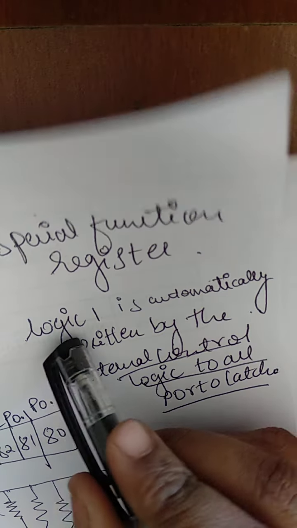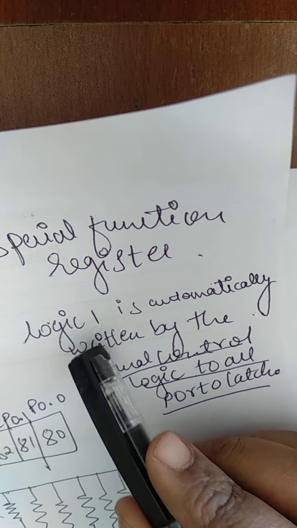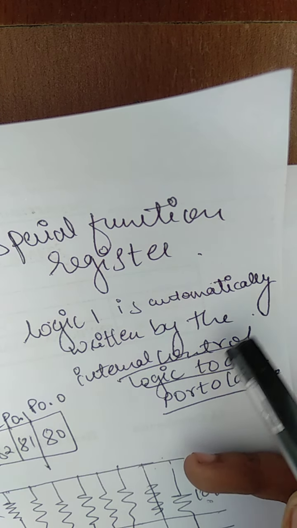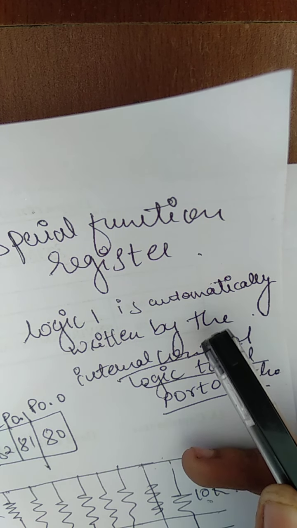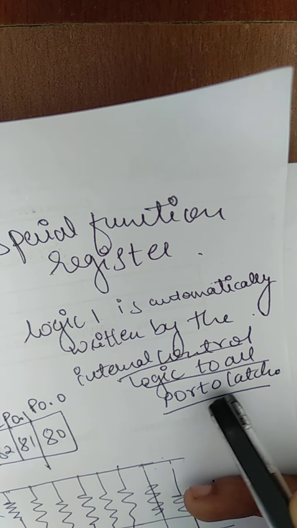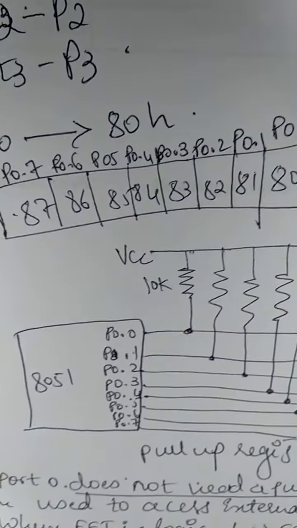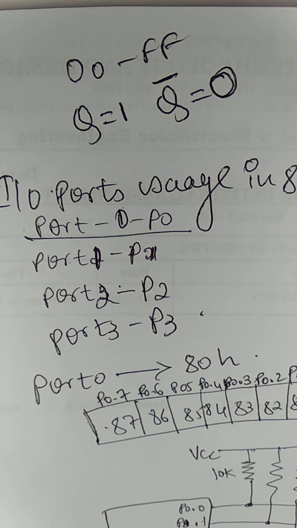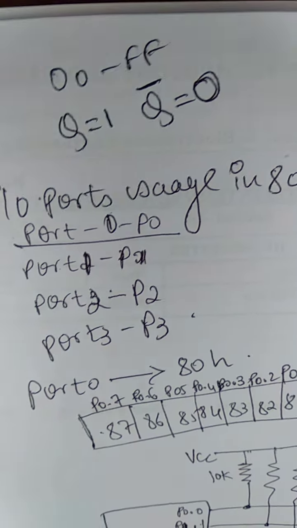Next, when the logic is 1, the internal control logic is automatically written to all the port 0 latches. So you have to remember these four to five points in port 0, that is P0. In the next session we will start with P1.